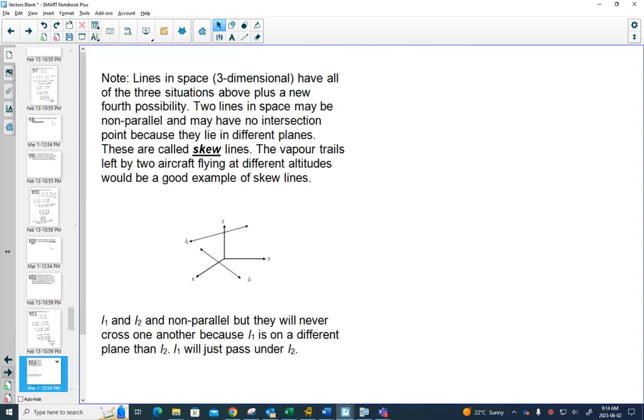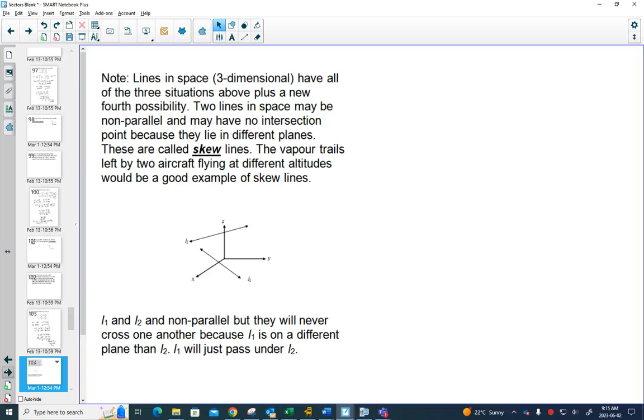Now, when we get to 3 dimensions, you can have 2 things that aren't parallel, but still don't intersect, right? You make all sorts of lines that don't intersect. Like you imagine 2 planes flying, and they leave their little vapor trails.